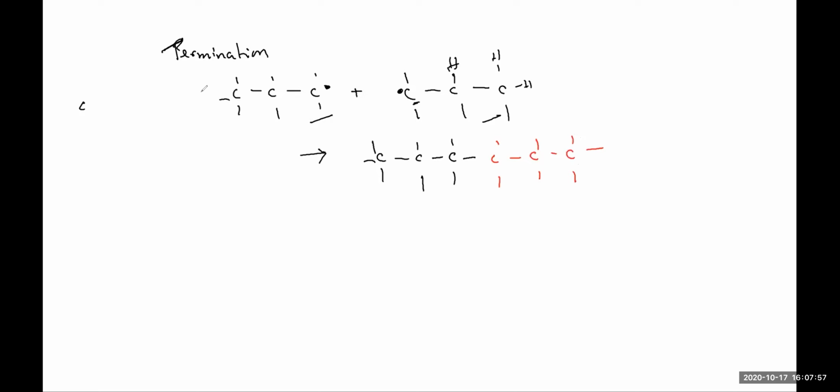So the termination step is basically where all the free radicals join with each other to form a hydrocarbon or an organic compound. I can give you another example. So these are all simultaneous steps.